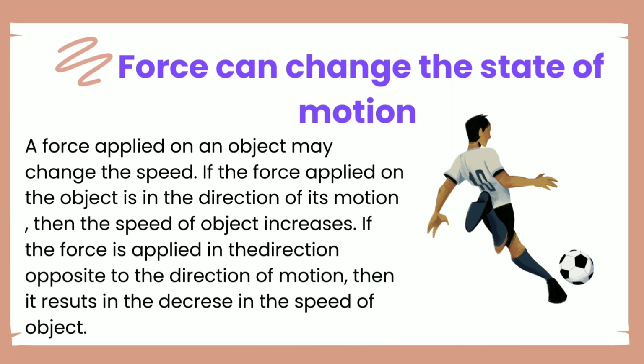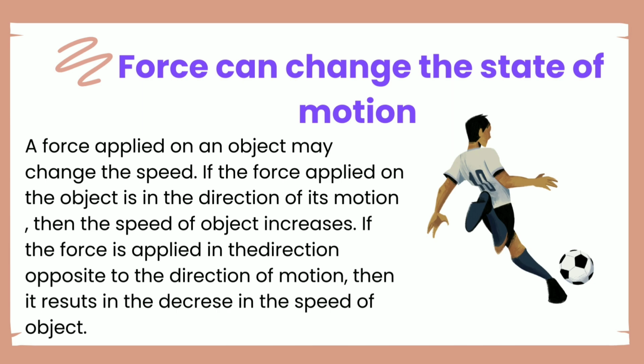Suppose the goalkeeper dives or jumps up to save the goal. By this action, the goalkeeper tries to apply a force on the moving ball. The force applied by him can stop or deflect the ball, saving a goal being scored. If the goalkeeper succeeds in stopping the ball, its speed decreases to 0.